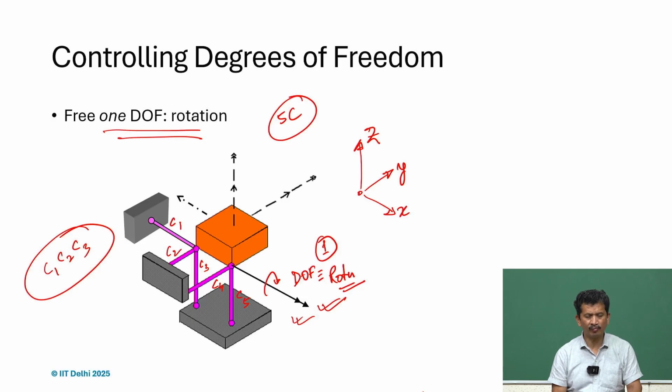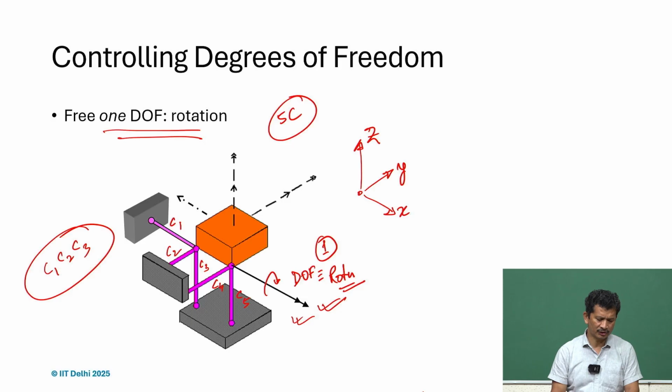So, they will locate the point. It means the translation, all the translations are constrained. So, if you just want to give translation to the orange body, so x, y and z, it will be constrained by C 1, C 2 and C 3. Of course, we have C 4 and C 5 also, but okay, if we just consider C 1, C 2 and C 3, they already constrain all the 3 translations.